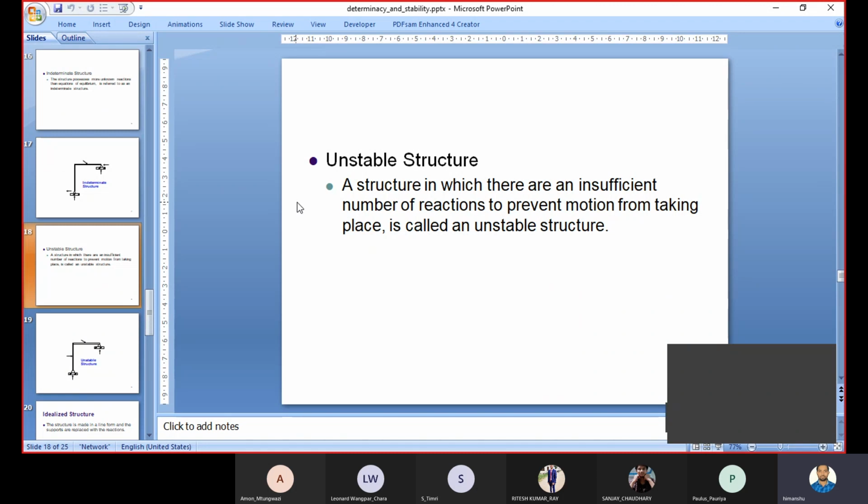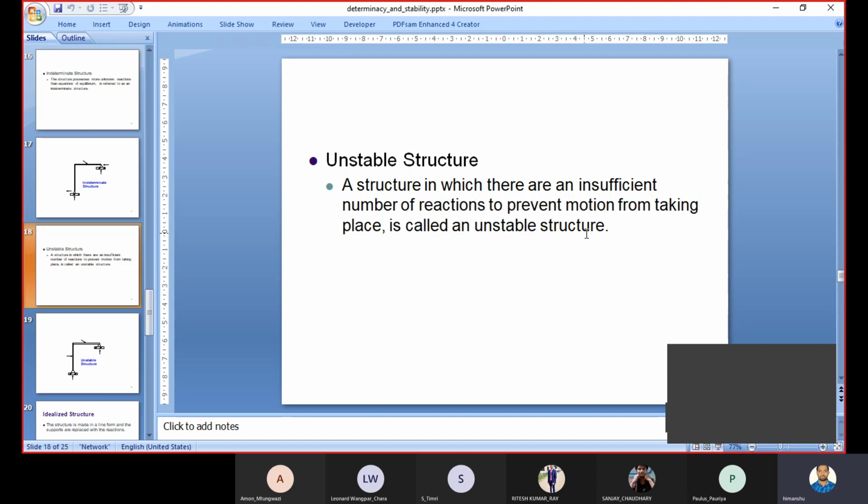Now we talk about what is stability, or what is a stable structure and what is an unstable structure. An unstable structure is a structure in which there is an insufficient number of reactions to prevent motion from taking place.